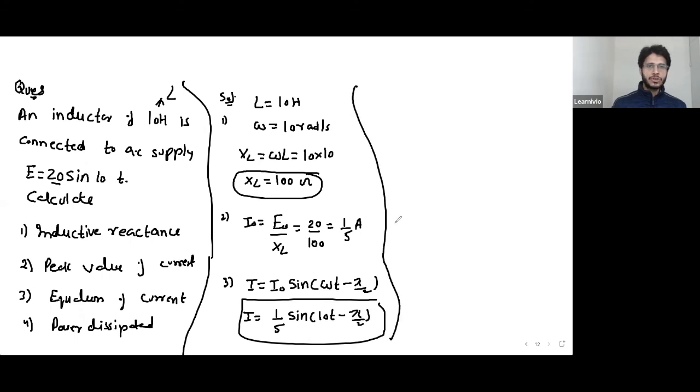After the equation of current, the next thing is the fourth one. You need power dissipated. The average power dissipated is ERMS, IRMS, cos pi by 2. Cos pi by 2 is 0. So your average power dissipated is 0.